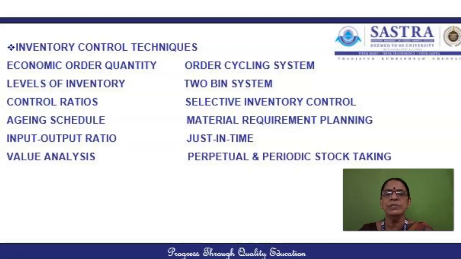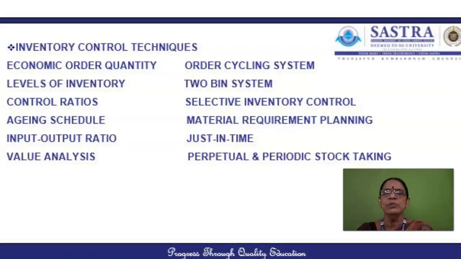Q system is best suited where continuous monitoring is possible, typically in case of the bought out items which do not constitute a major portion of the vendor's production, as the time of placing an order is more or less uncertain. In a normal case where the demand is uniform, Q system is found to be more expensive.